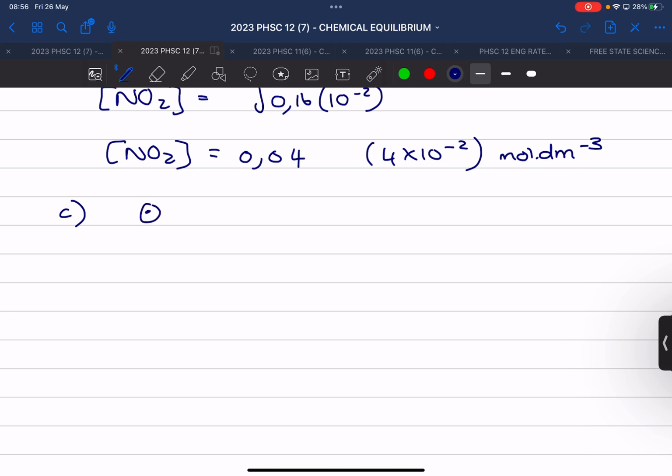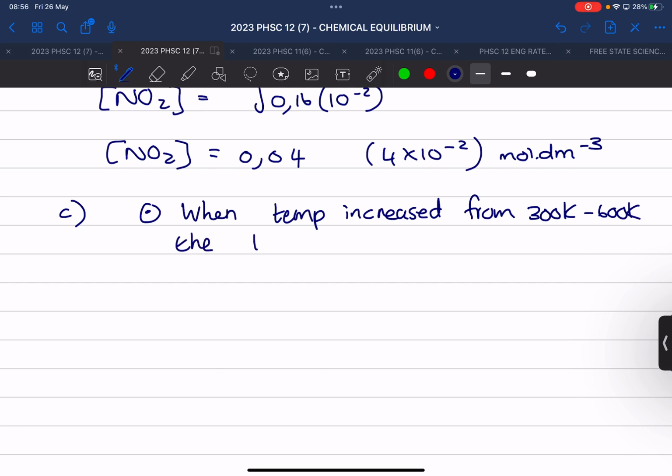We're going to say when the temperature was increased from 300 Kelvin to 600 Kelvin, the Kc value also increased. That's what you see. That was stating the obvious.